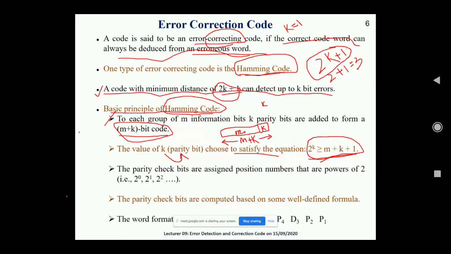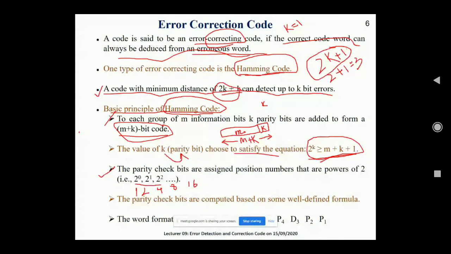Now the next point: the parity bits are assigned position numbers that are powers of 2. That means how are we assigning the parity bits? We assign them in these positions. 2 to the power 0 means 1, 2 to the power 1 means 2, 2 to the power 2 means 4, 2 to the power 3 means 8, 2 to the power 4 means 16. In these positions the parity bits are assigned.